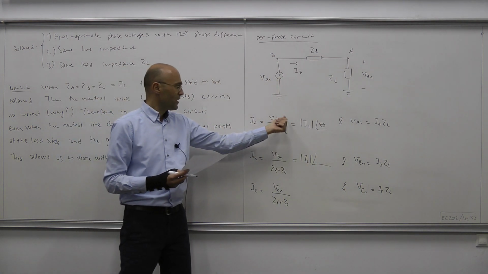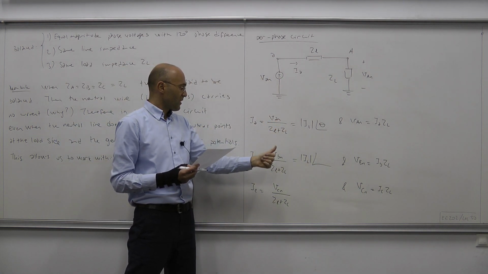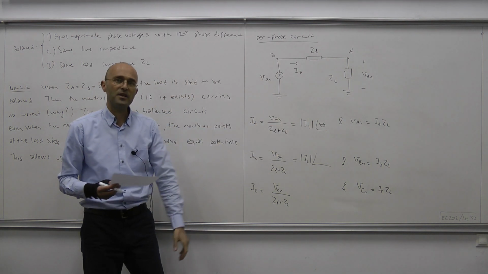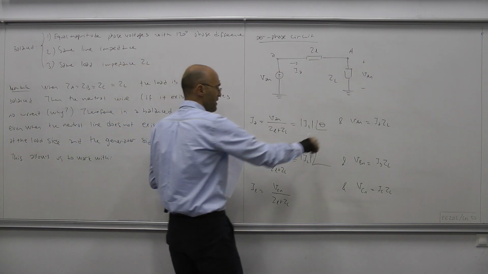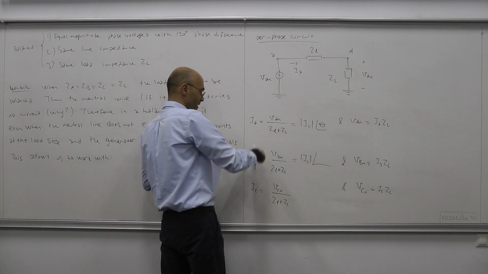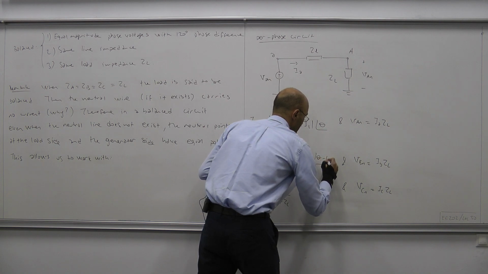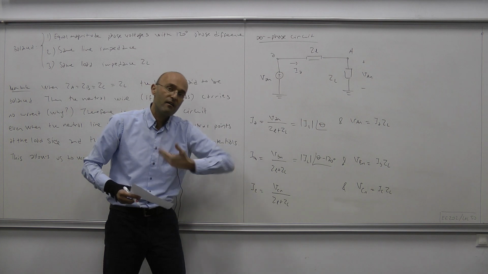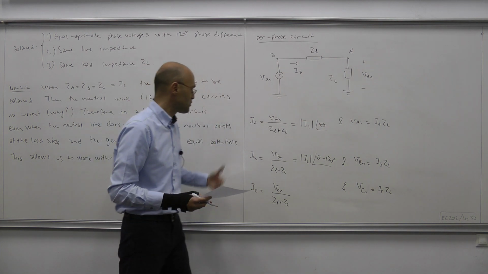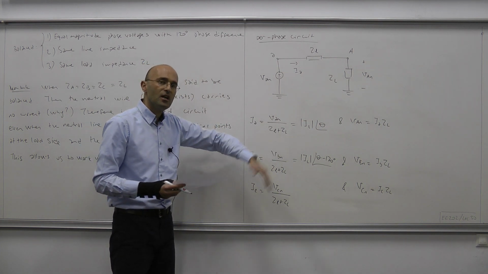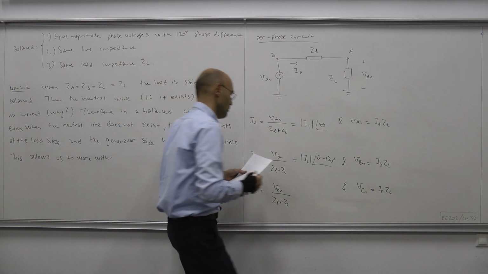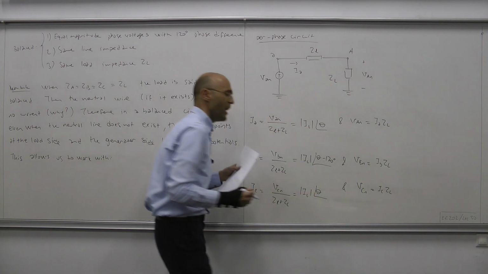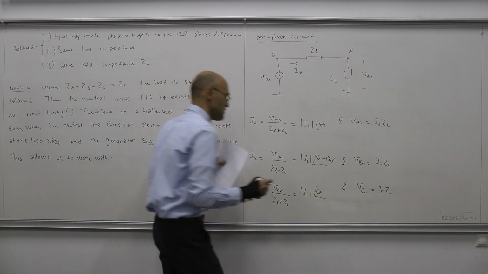How different? The phase of VBN compared to VAN is such that you go 120 degrees clockwise. Therefore, if the phase of this one is theta, the phase of IB would be theta minus 120 degrees. And then from VBN to VCN, you go a further 120 degrees clockwise. So from IB to IC, you go 120 degrees clockwise. And that produces IL at theta minus 240 degrees, or plus 120 degrees.